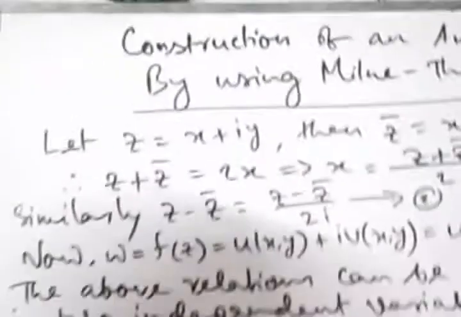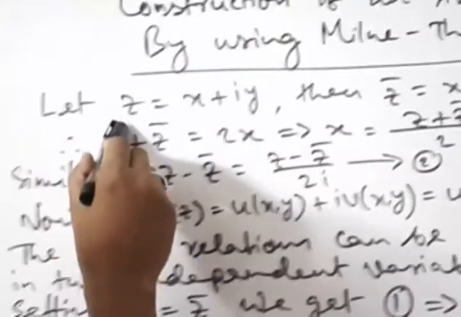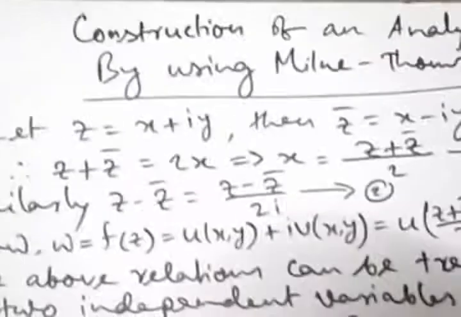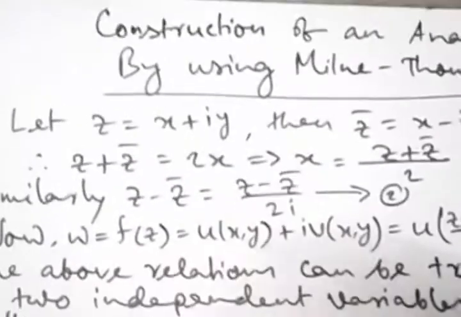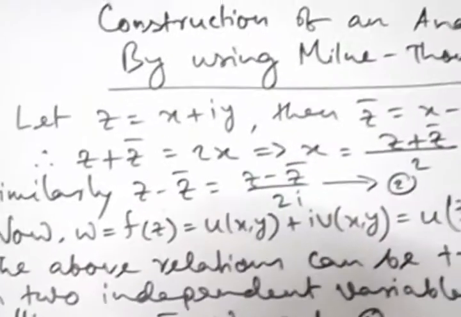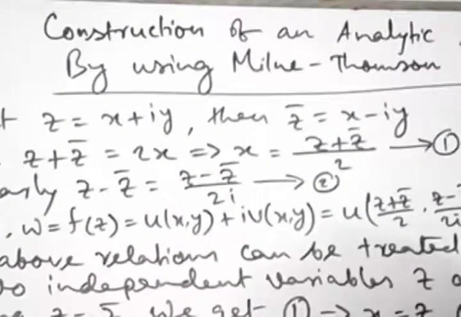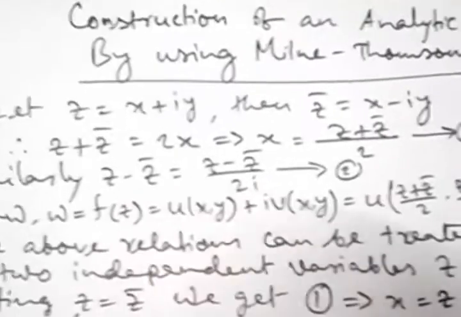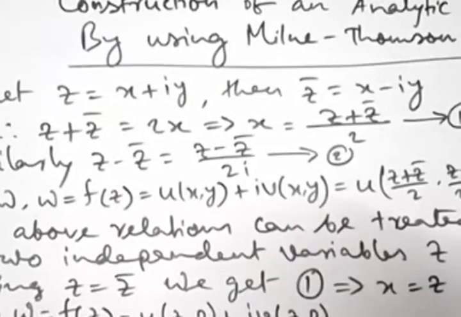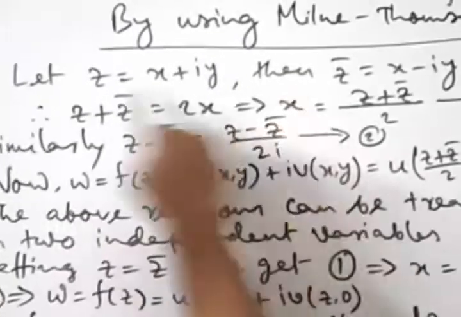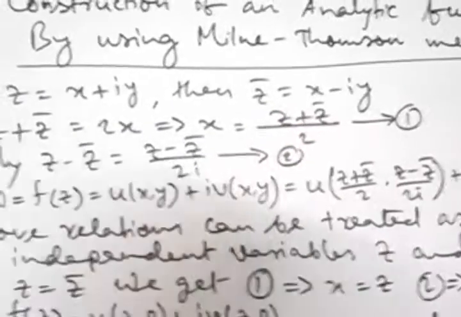Firstly, let us consider z. You know, z is a complex number. z is considered as x plus iy. Here z is a complex number. It denotes a point on the Cartesian plane and the coordinate of that point is (x, y), and the conjugate of z is x minus iy.